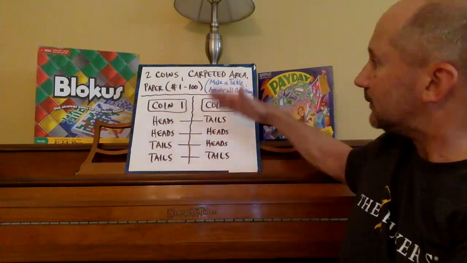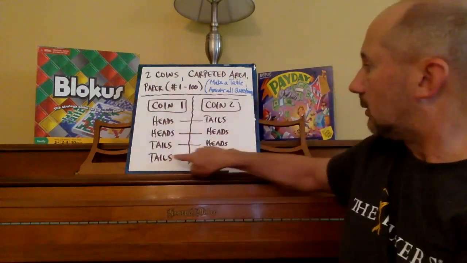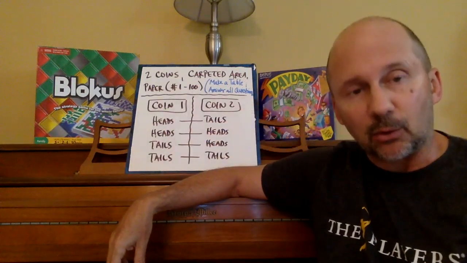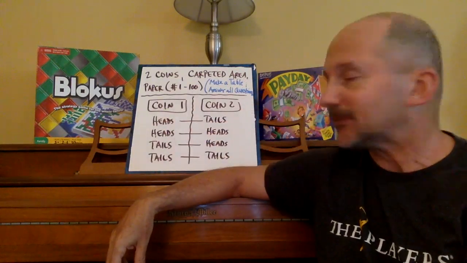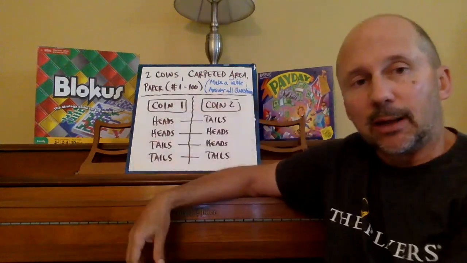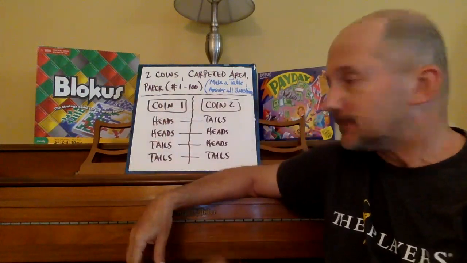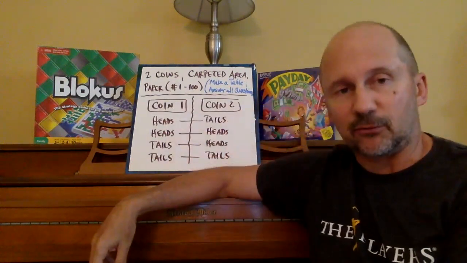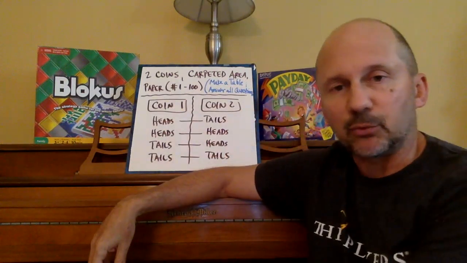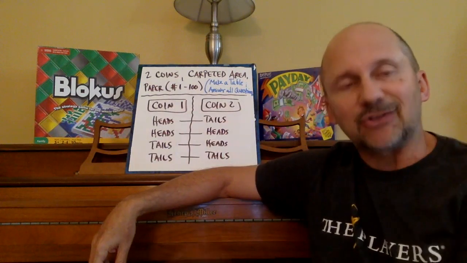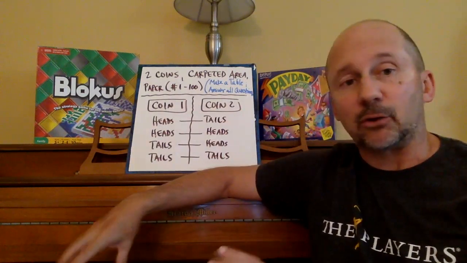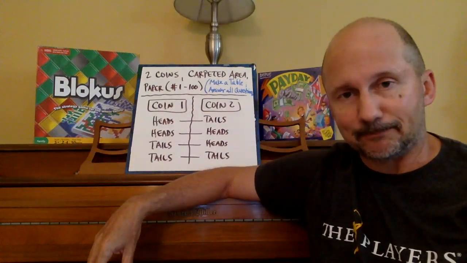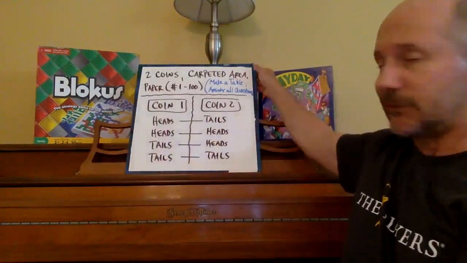In the same vein, how many of them are both tails? Well, only 1 out of 4. Again, that should give you your theoretical probability that they land up on tails. How many out of 4 have 1 head and 1 tail? Well, you have this one and you have this one. So you have 2 out of 4, okay, which can obviously be reduced to 1/2. That's your theoretical. So all those are your theoretical. You can figure theoretical out before you ever do the experiment. So think about that.